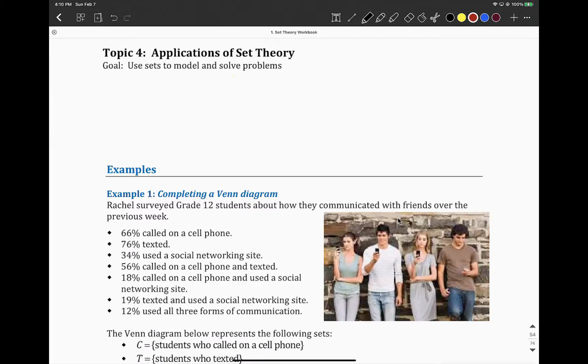In topic 4 of set theory, we just extend it a little bit further and use the ideas of taking a union, taking intersections, and taking complements a little bit further.